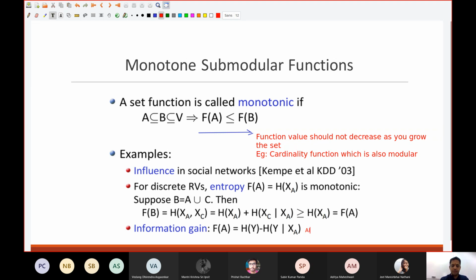So information gain is always monotone, but only under some conditions is it submodular. Basically the conditions are conditional independence, like naive Bayes. But more about that later.